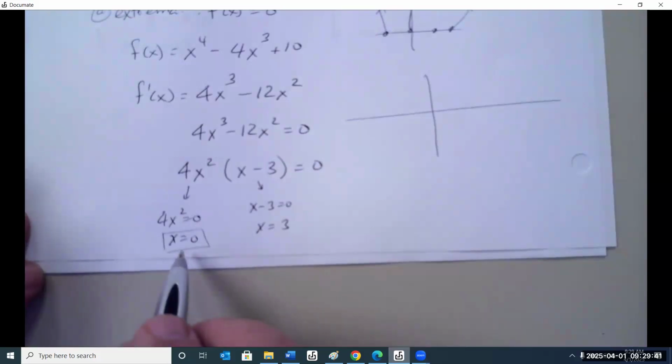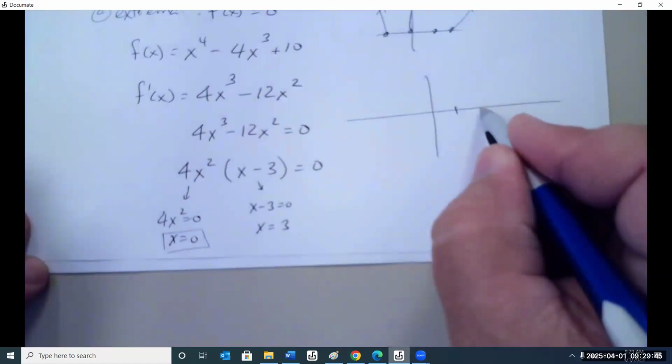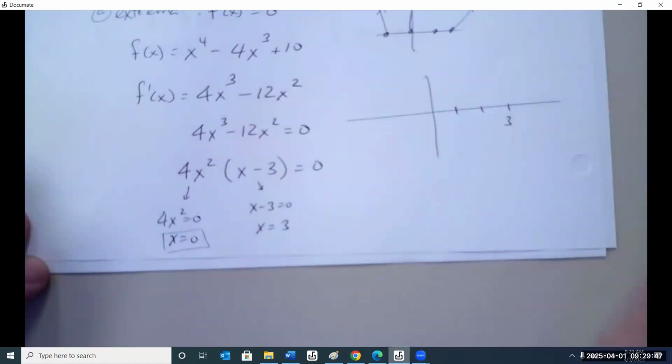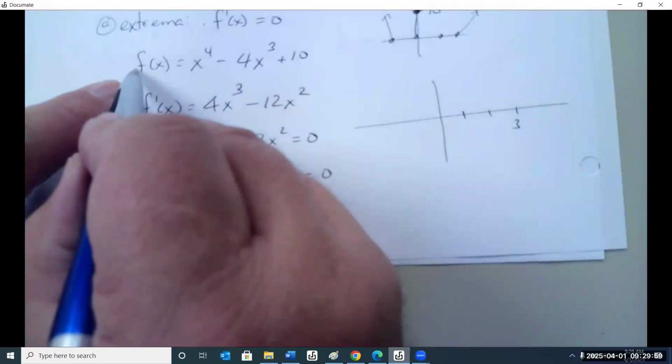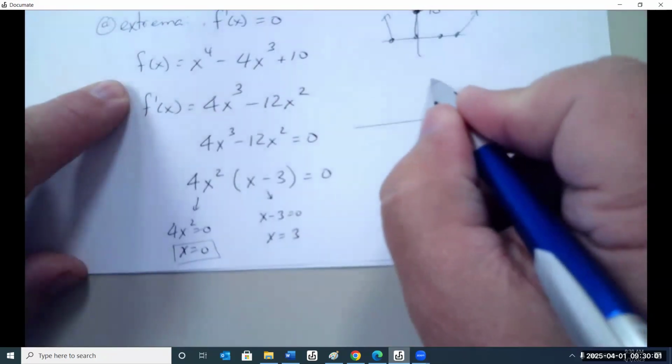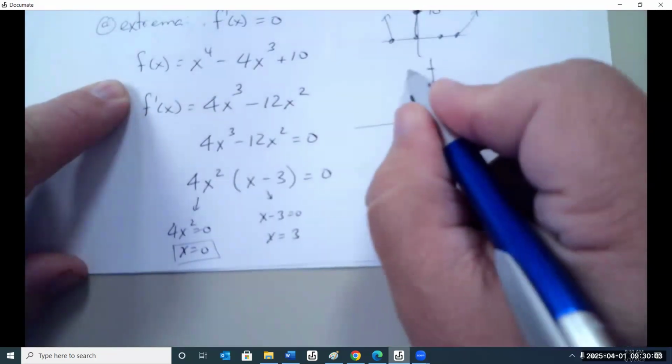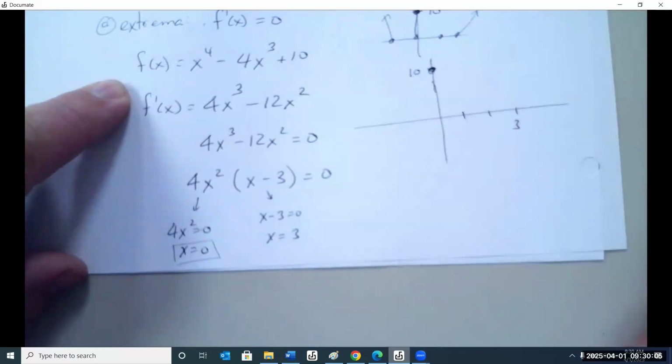So the extrema occur at 0 and at 3. When x is 0, plug it back into our original function, we get 10. So we know we have one point there.